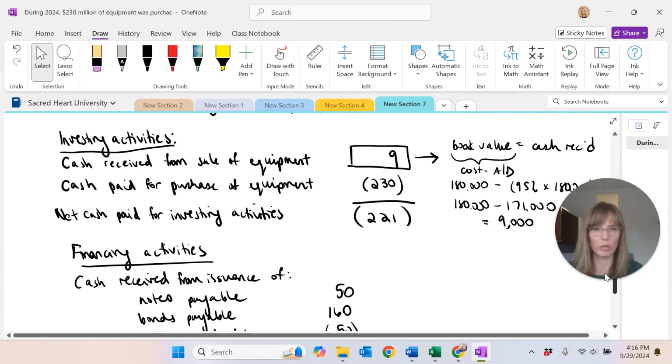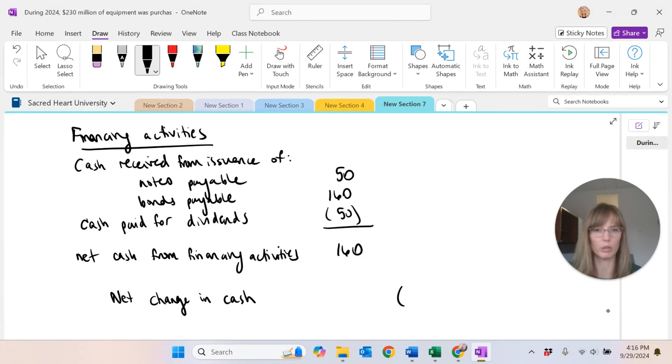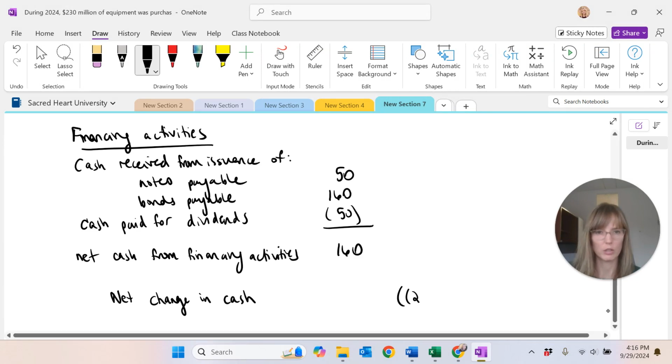And financing, we have a net cash inflow of 160. And this is going to give me a net change in cash of a decrease in cash of 86.